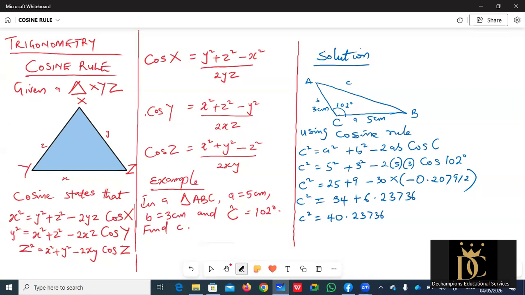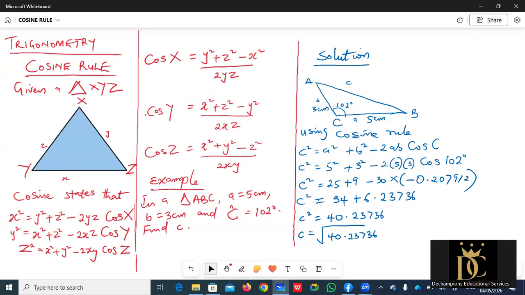Now if you want to find the value of C, what you need to do is find the square root of both sides. So C in this case will now be root 40.23736.